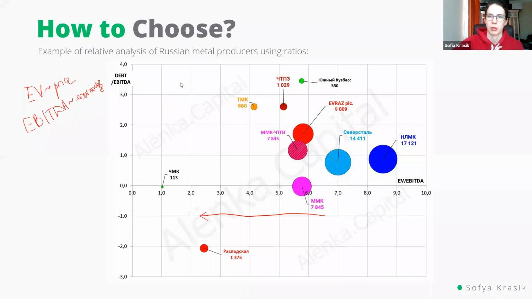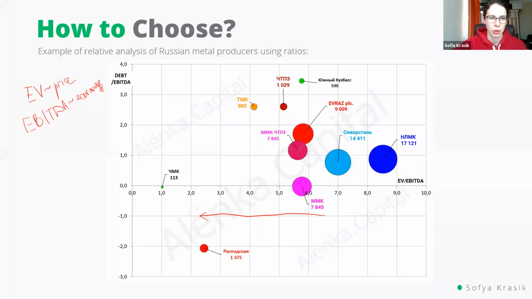Please type something in the chat. What is better for the company, to have high debt to EBITDA or to have low debt to EBITDA?